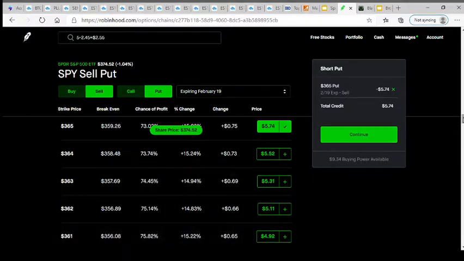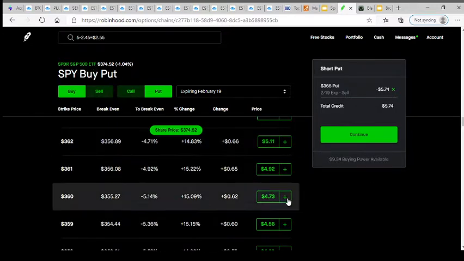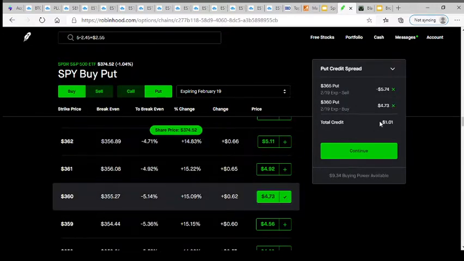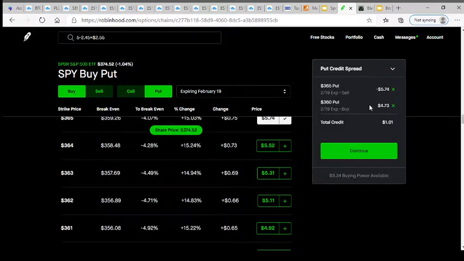So 365, 360. I don't even know if this is correct mechanics, but $1.01. That's fine. It's not quite a third of the width, but it will do. So now we have a $5 wide put credit spread. Our total credit we're receiving, so if SPY stays above 365, our short strike, you receive full credit.